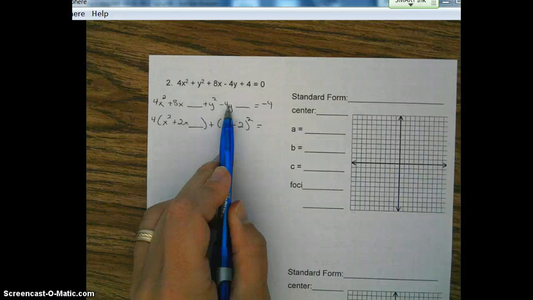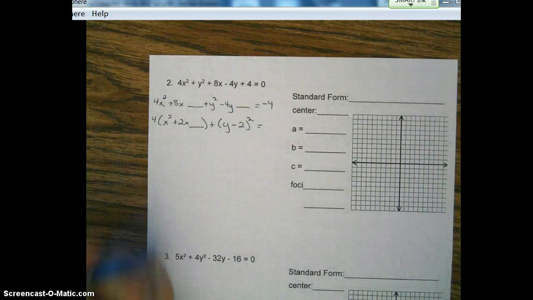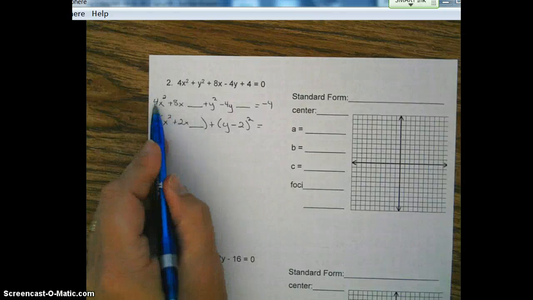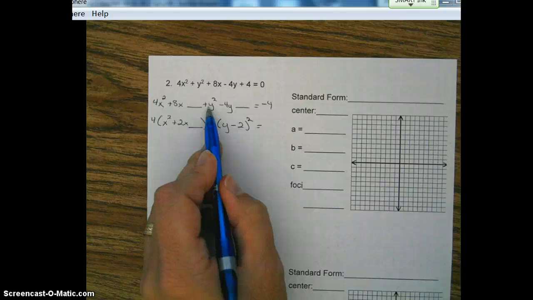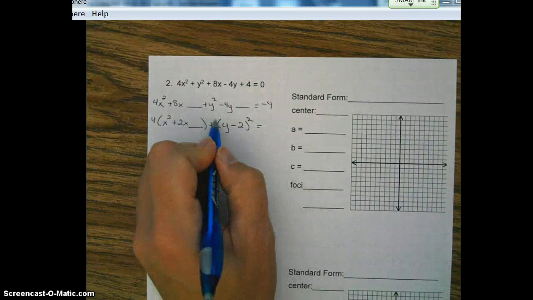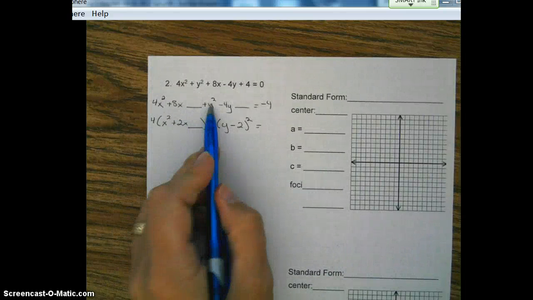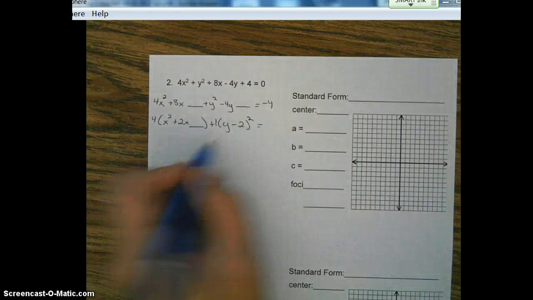Group my y's, leave my blank, complete my square. Move my 4 to the other side. Then I factored out the 4 out of the first two terms. Factored out nothing, basically 1, because there's nothing to factor out of the y squared since it's a 1.